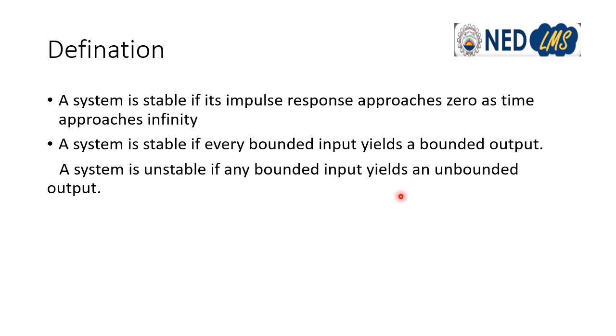Similarly, for the bounded output, if the value is infinity, that is undefined, then we can say that the system is unstable. So it must always have some finite value. Obviously, if we have some infinite value, then it means that our output is out of control, and the system is unstable. So a system is stable if a bounded input yields a bounded output, or conversely, it is unstable if a bounded input yields an unbounded output.